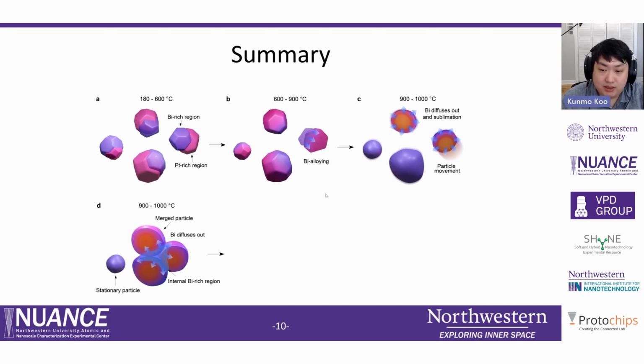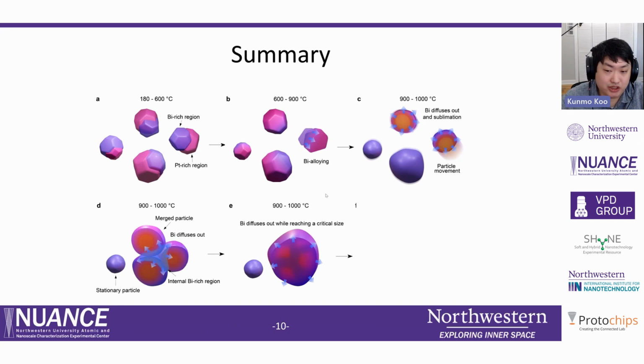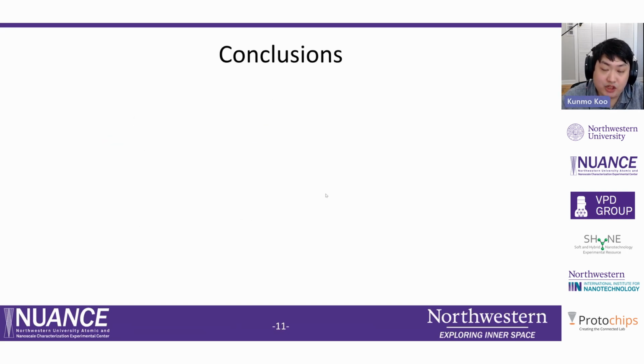During the merging process, the bismuth continuously diffuses out and the particles coalesce until they reach the critical size. Finally, the internal bismuth depletes and the 210 facet becomes the most thermodynamically stable facet, resulting in a 210-covered tetrahexahedron.